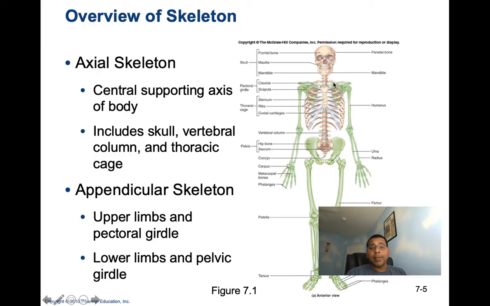So here you've got the clavicle, and then we're going to see the scapula. So the limb bones plus their girdle bones. Here, the girdle bone we've got right inside of here. The hip bone, the coxal bone. Now the function of the appendicular skeleton is locomotion, to move from place to place, and manipulation of the environment.